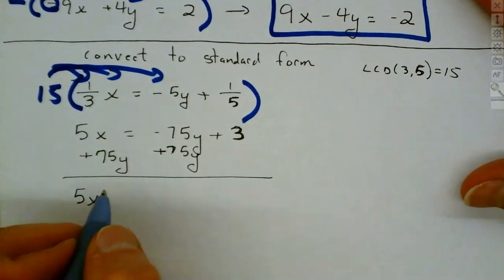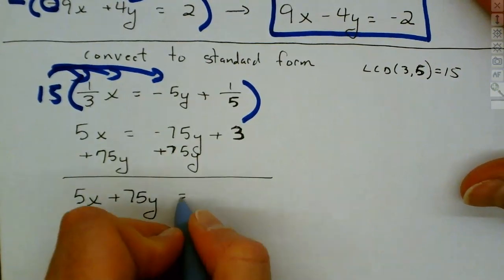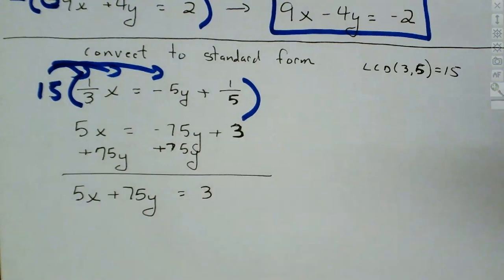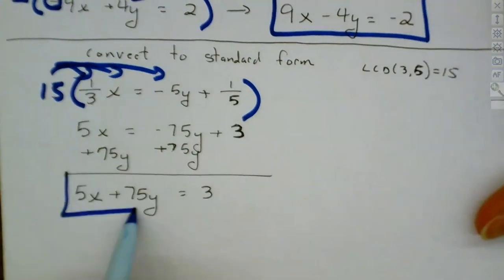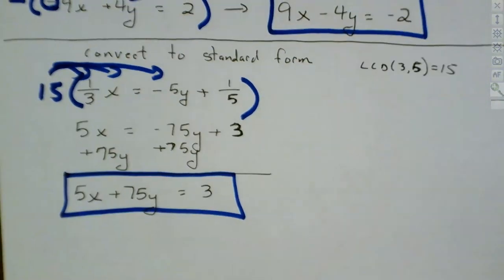So that is 5x plus 75y equals 3. So we now have it in standard form. Right? So all you have to do is rewrite it to where the x and the y are on the same side. No fractions, no decimals.